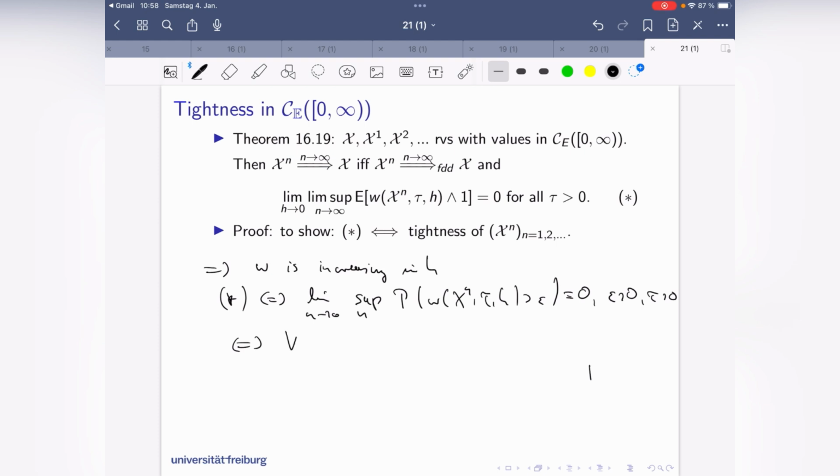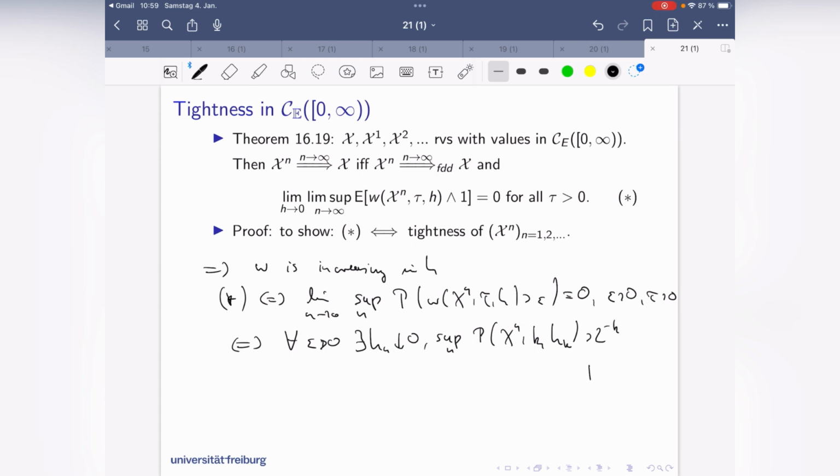And I can also say the following: for all epsilon bigger than 0, there is a sequence h_k going down to 0, such that the supremum over all n of the probability of w(X_n, k, h_k) bigger than 2 to the minus k is at most epsilon times 2 to the minus k.